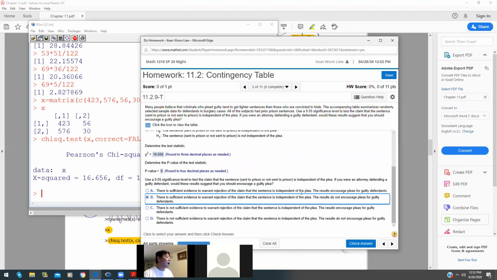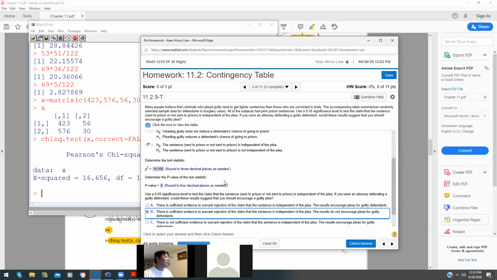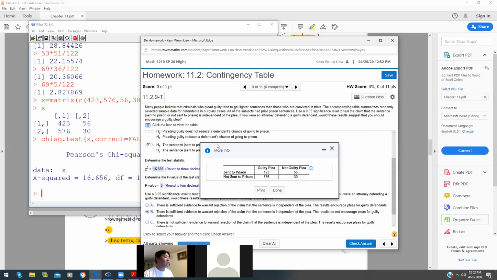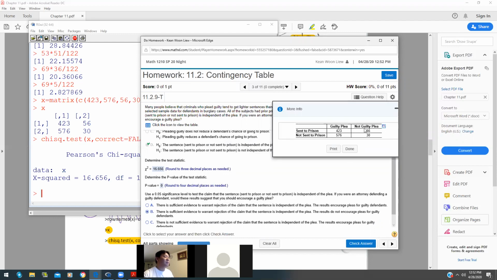Okay. So does the result encourage pleas for guilty defendants or not? Since they are warrant rejection, when you say warrant rejection, it means you are rejecting H0, which means they are dependent. Dependent means that for those people who are guilty or not guilty, it depends on whether they are sent to prison or not.